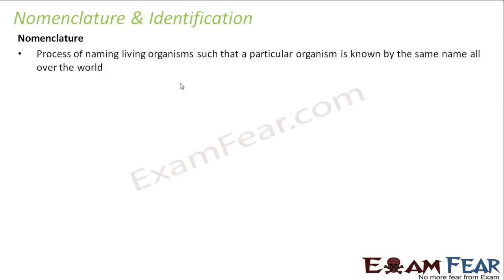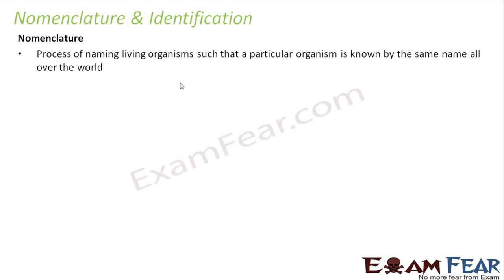That is why came this system of nomenclature, so that each organism can be given a specific name which will be common throughout the world. So everybody would know which animal that particular name belongs to. Right? So that is why nomenclature came up, to make the study of these many varieties of living organisms simple. Okay, so nomenclature is clear.